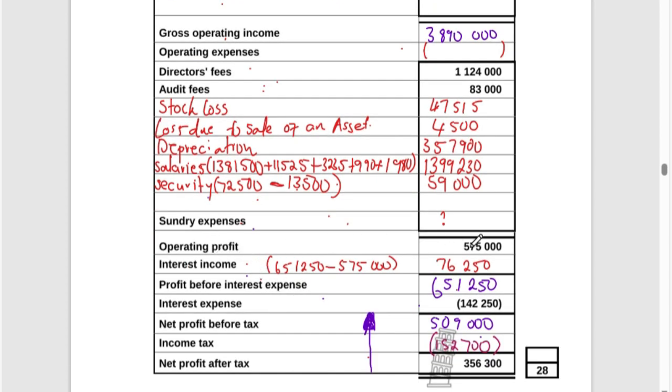So now we say operating profit of 575,000 minus gross operating income of 3,890,000, and we have a difference of 3,315,000.